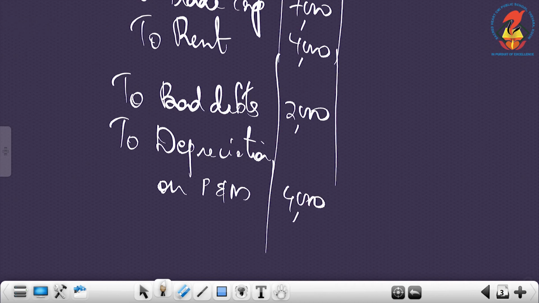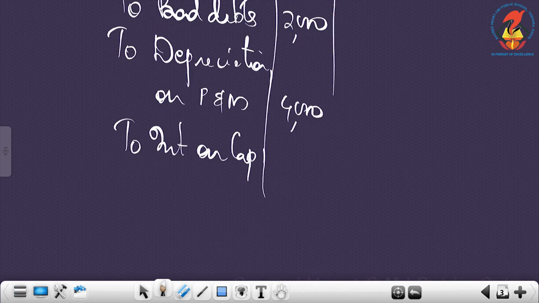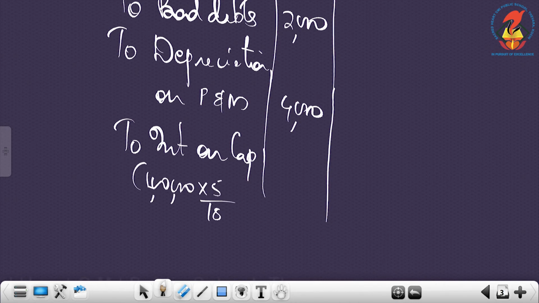Then the next one is interest on capital that we discussed. It should be shown on the debit side of P&L, later on the liability side of the balance sheet you have to add with capital. So here also you have to write 5% on capital. Capital is 1 lakh. So it is 1 lakh into 5 by 100, 5,000 is your interest on capital.